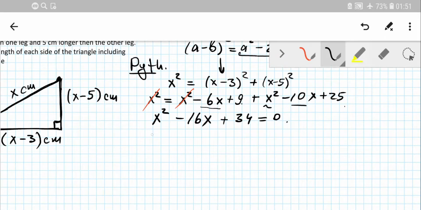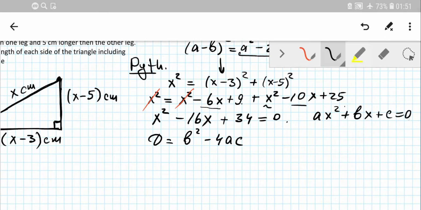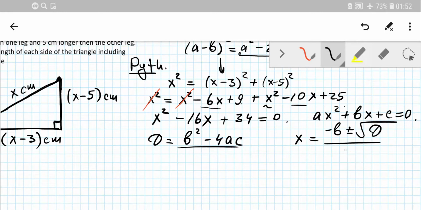Here I'm going to use the discriminant. The discriminant is b squared minus 4ac. If you're not sure, use the standard form and the expression for the discriminant, and then work out x as minus b plus or minus the square root of the discriminant over 2a.